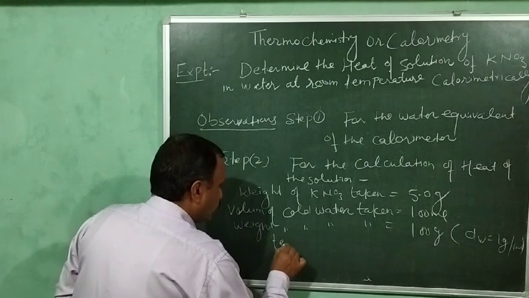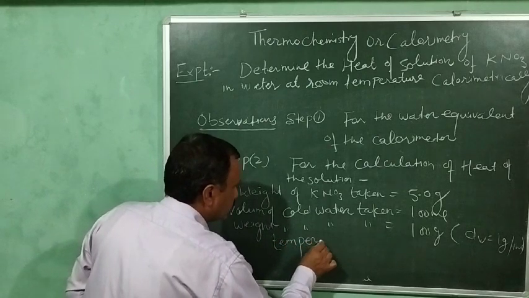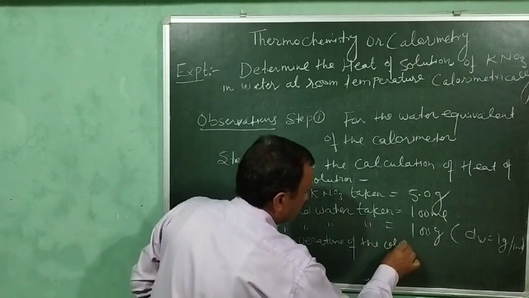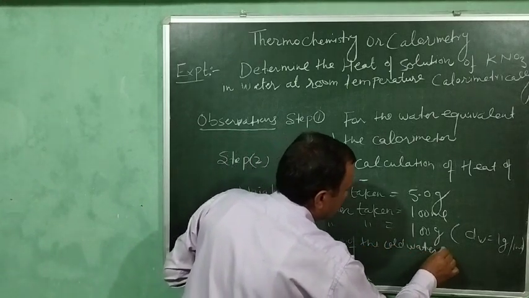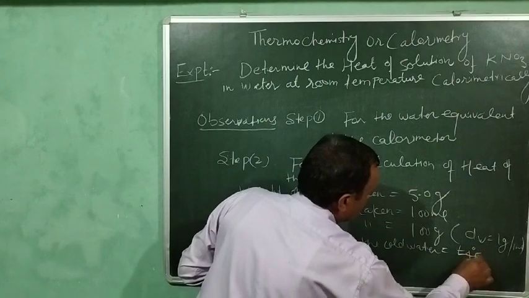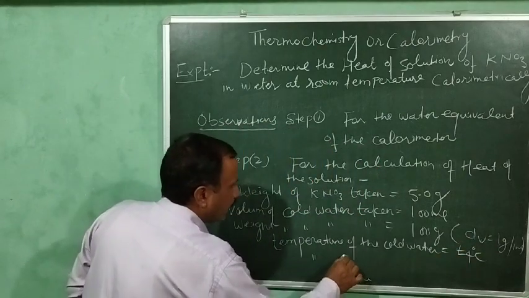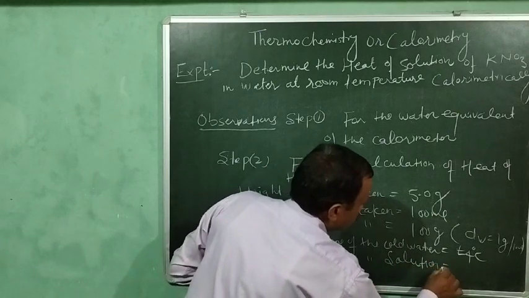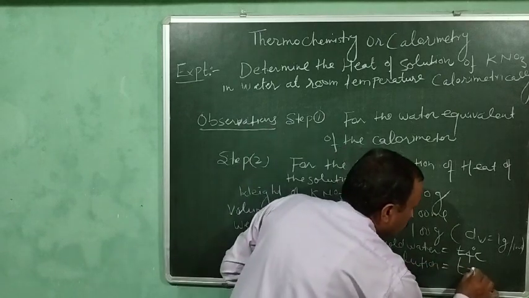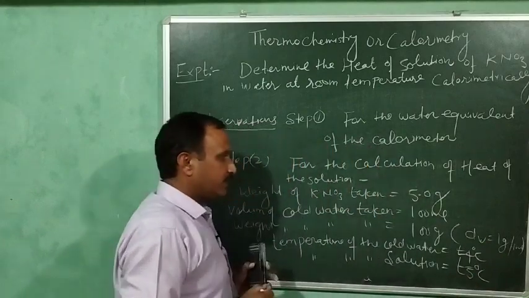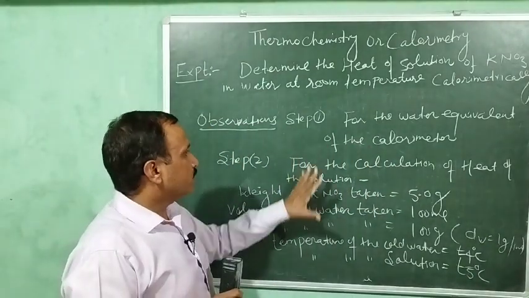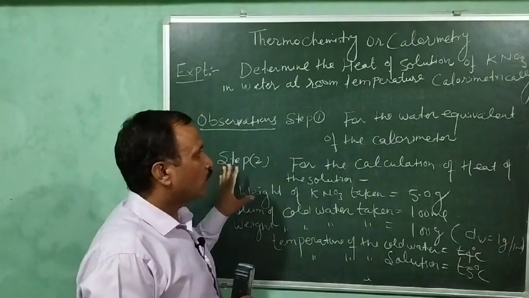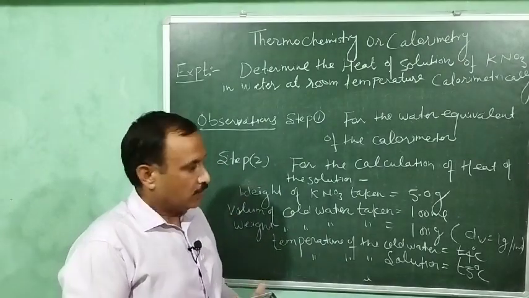Then temperature of the cold water is equal to T4 degrees Celsius, and temperature of the solution is equal to T5 degree Celsius. So these are the observations for the calculation of heat of the solution.